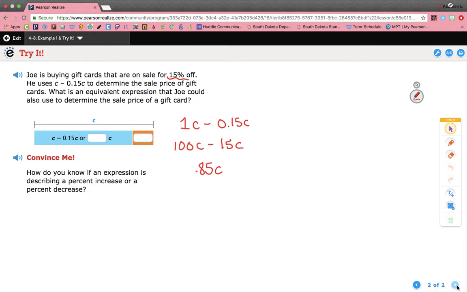If you think back to when we were actually doing percents, markups and markdowns, right? One of the things that I said was instead of finding 15% of $25, if something was $25 at 15% off, instead of finding 15% of that and then subtracting it, you could just find the opposite, which is 85% of $25.